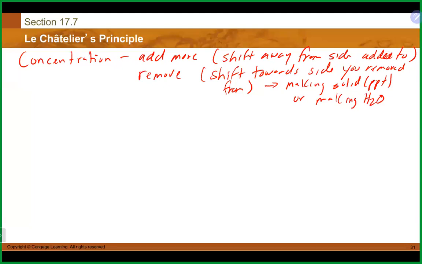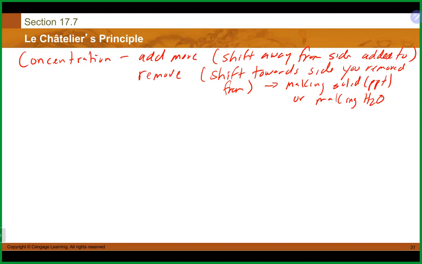And that's because, as we just talked about, if you make a solid, it's no longer going to be part of the equilibrium, right? So it's like, again, reaching in there and taking out those ions from the solution. And if you make water, that's typically a way that you can remove something like hydroxide, OH minus, or H plus from the reaction if you have either of those.